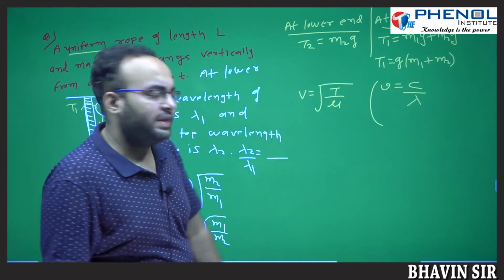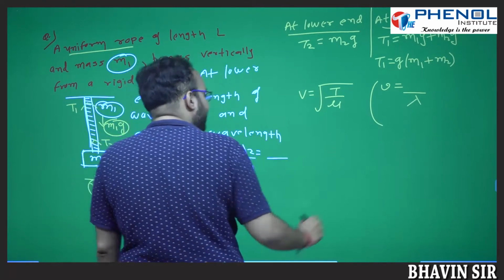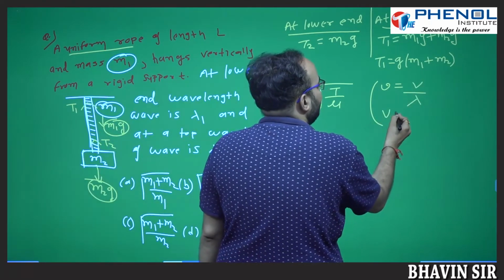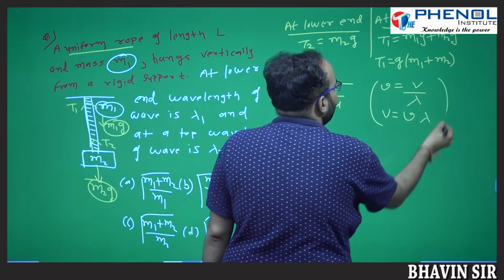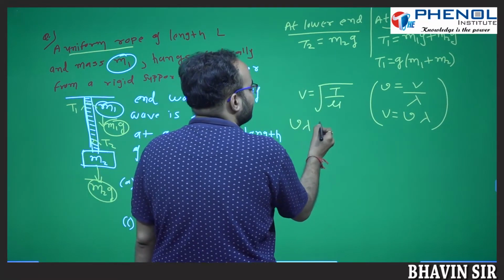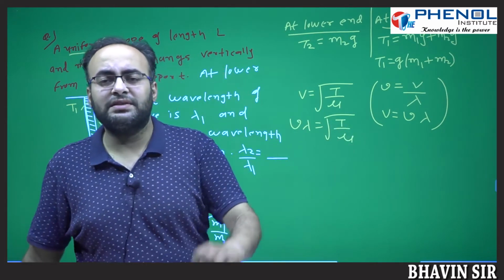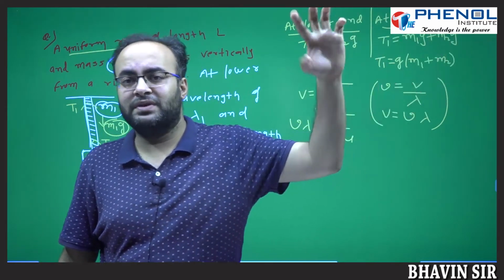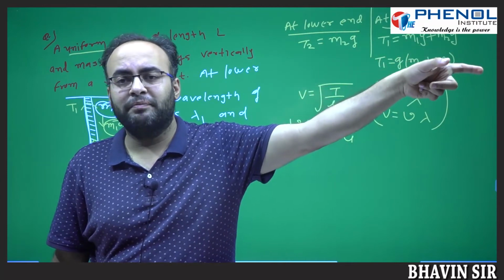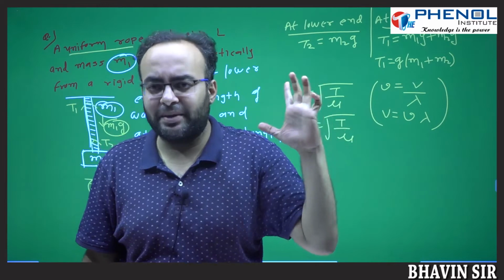But here it is not free space, it is a medium, the rope. So we write V equals nu lambda. Nu is the frequency. As we know students, frequency is a property of the source. Frequency does not depend on the medium. So here frequency remains the same.